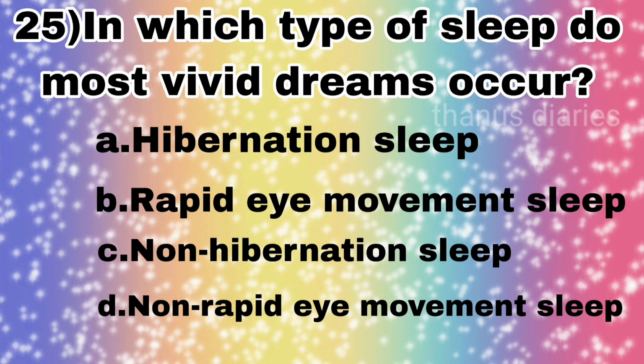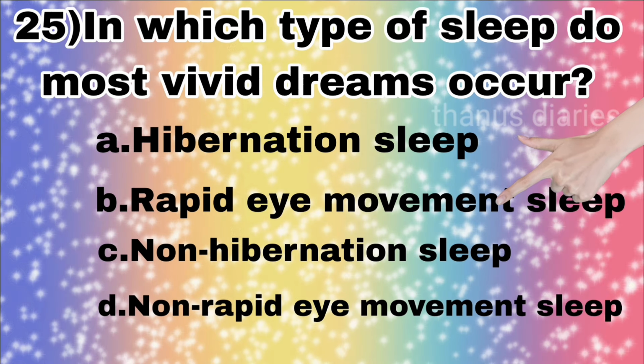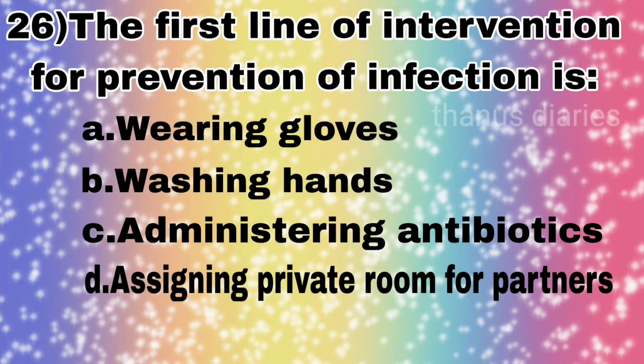Next question. In which type of sleep do most vivid dreams occur? Hibernation sleep, rapid eye movement sleep, non-hibernation sleep, non-rapid eye movement sleep. It's rapid eye movement sleep. Next, the first line of intervention for prevention of infection is wearing gloves, washing hands, administering antibiotics, assigning private room for partners.